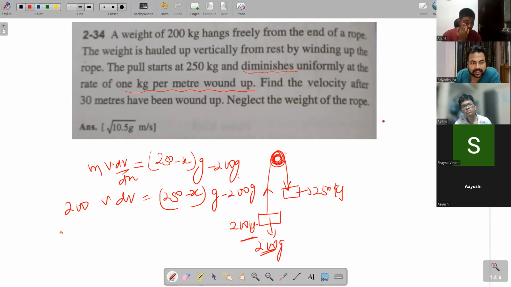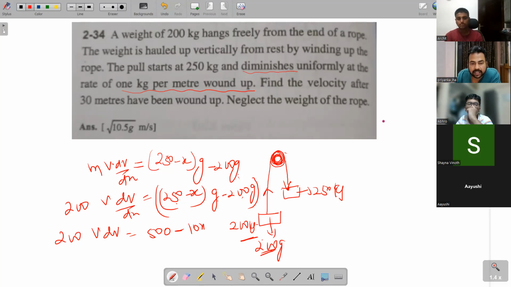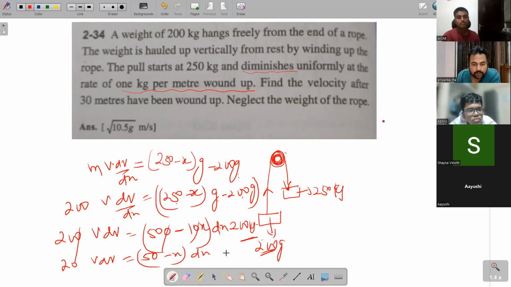Right. Now you can see that this is 200 v into dv upon dx. Now this 250g minus 200g, that is 50g, means 500, and minus this is gx, means 10x, into dx. You can see that 10, 10 will be gone. 20 into v dv equals 50 minus x into dx.